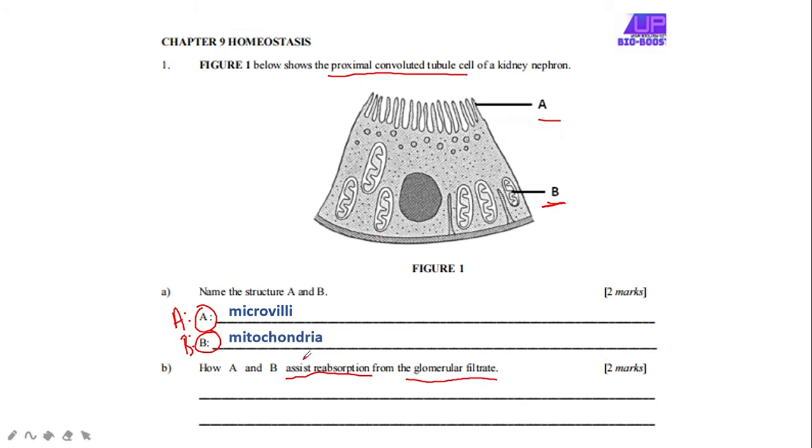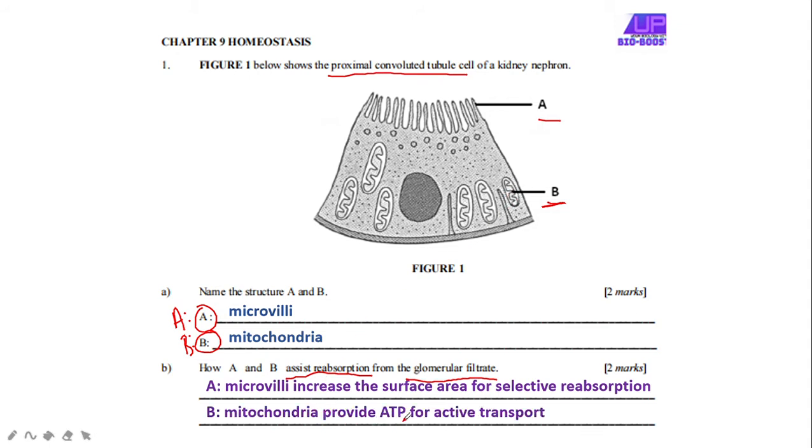A will increase surface area for selective reabsorption, and B, mitochondria, will provide ATP for active transport. Make sure you write which one you are talking about, A and B. You will get 2 marks, 1 mark for each correct answer.